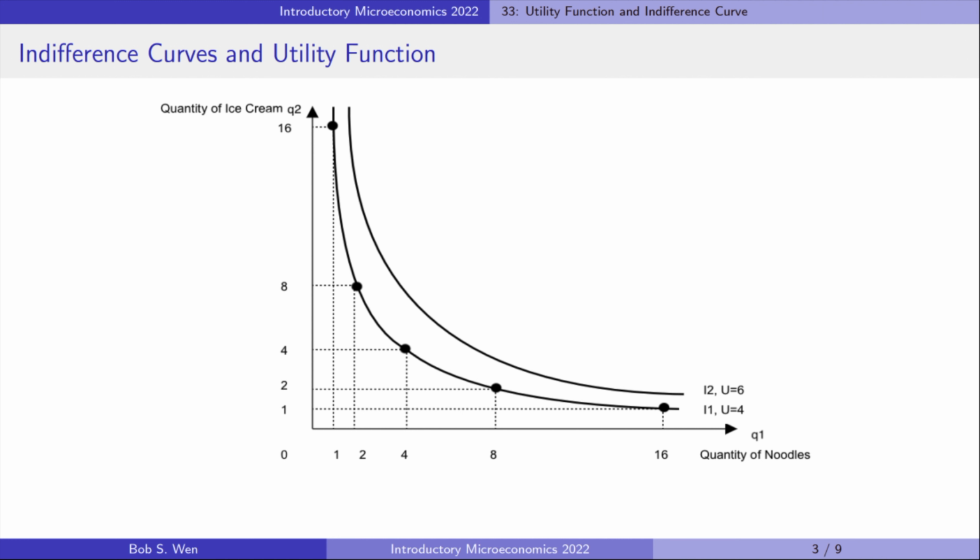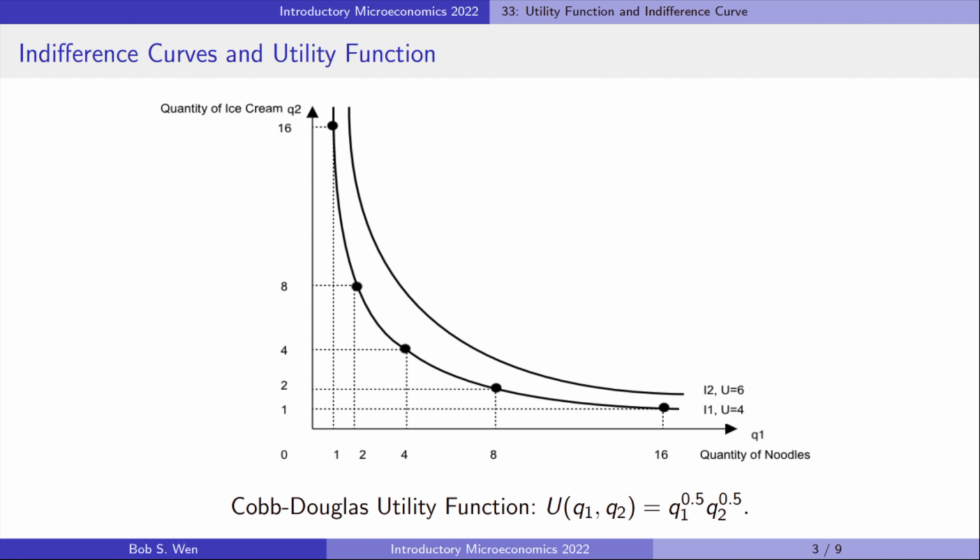The most commonly used utility function is called the Cobb-Douglas utility function. It has the form U equals Q1 to the power of alpha times Q2 to the power of 1 minus alpha, where U is the numerical value of utility the consumer receives from consuming Q1 and Q2.